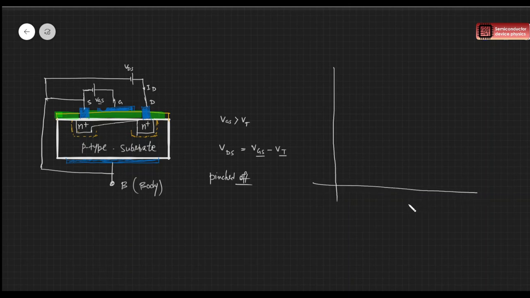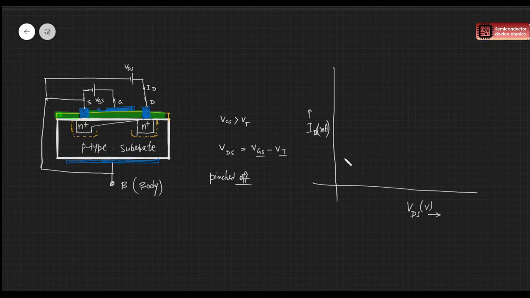So in the x-axis we have VDS, the voltage between drain and source, and then in the y-axis we have the drain current. Usually VDS is of the order of volts, and ID we usually get in milliamperes. Typical values in milliamps.